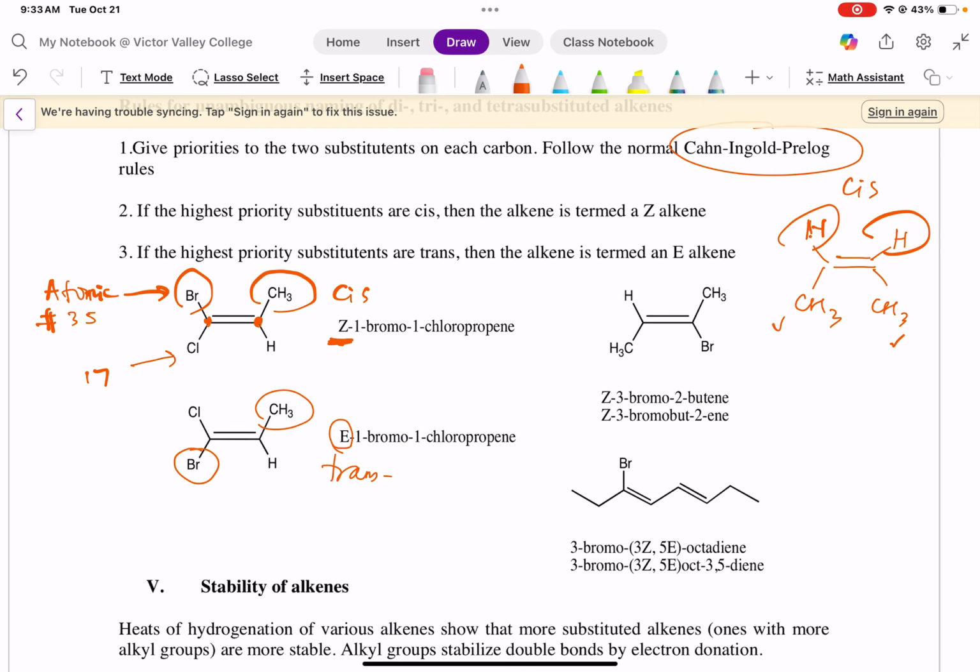Now, you look at this one. Okay, you look at this one, at first it looked like a trans, right? But it's actually a cis or a Z. All right? And then obviously when you name this, you would number 1, 2, 3, 4.